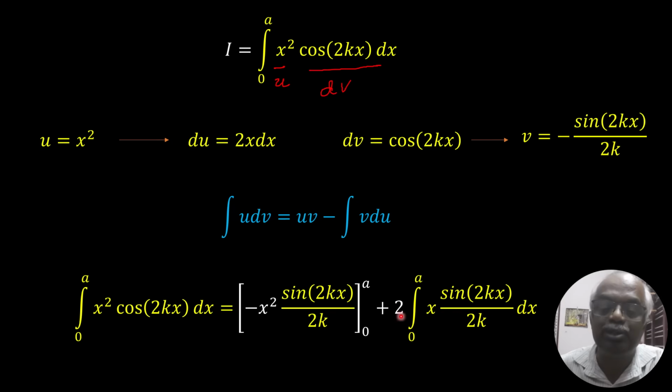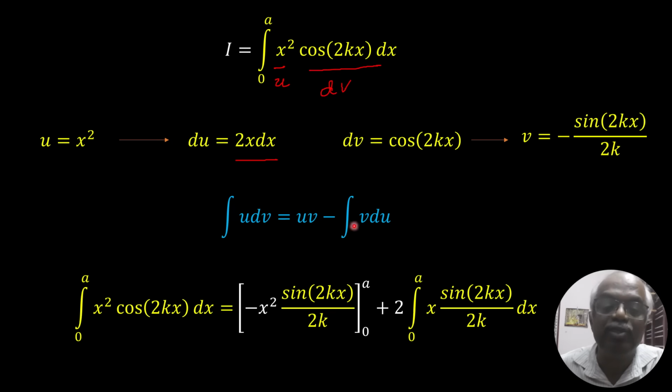Plus 2 times the integral between 0 to a. This 2 comes because 2x dx is du. So we can say 2x dx is equal to du.